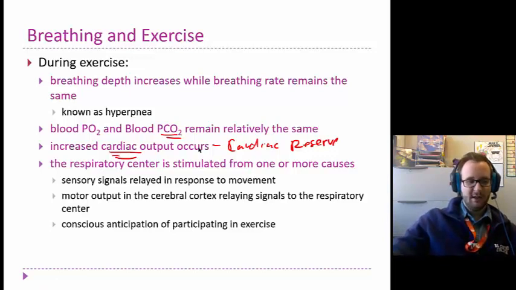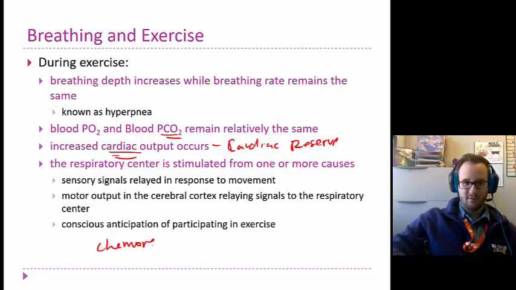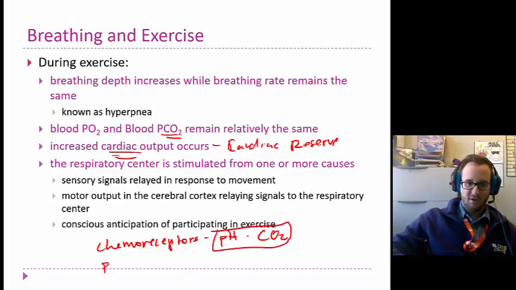And this is due to the fact that your body is going to end up sensing the CO2 and the PO2 levels. And so there are some different types of receptors in your body. Chemoreceptors, and these are going to detect pH. And these will also detect carbon dioxide concentrations, and so this will tell your body when to speed up its respiratory rate. But you also have things called proprioceptors, which detect motion.